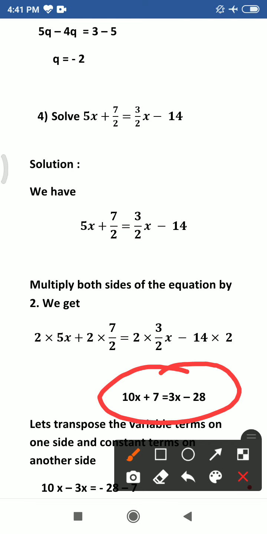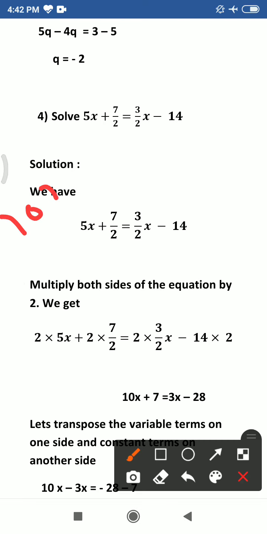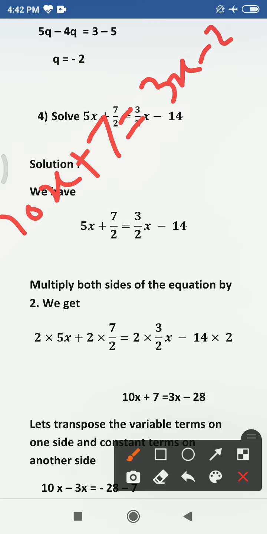Now we have a very simple equation, we can solve it. So let's solve it. 10x plus 7 is equal to 3x minus 28.